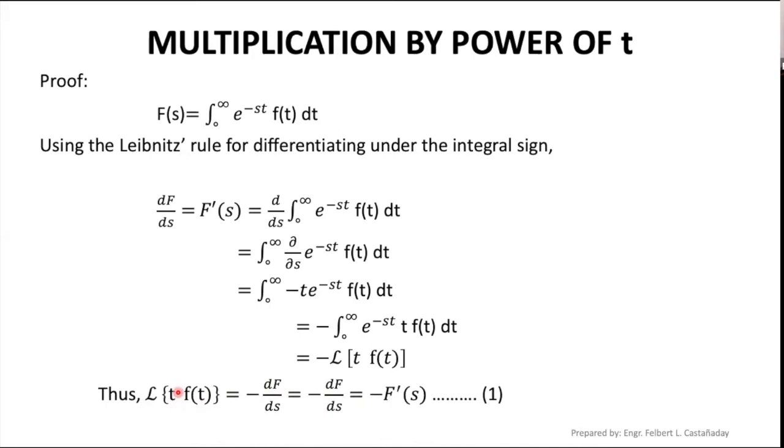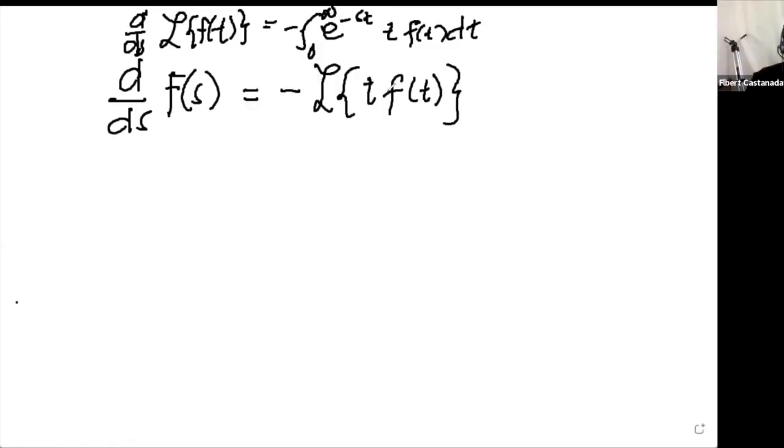If we are to differentiate this equation again, for the second time, this is how we write the second differentiation of F of s. We differentiate again, copying the same function to differentiate, and that is e raised to minus st, because that's the only function that has s in it.